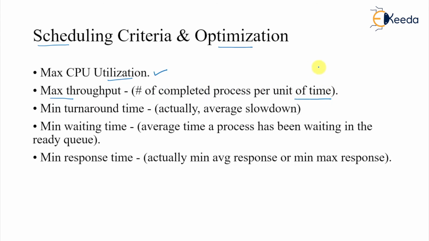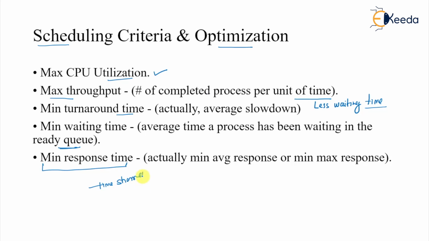We want minimum turnaround time, meaning less time required to complete the process. We want minimum waiting time, the average time a process waits in the ready queue, and minimum response time, which is required in time sharing systems.